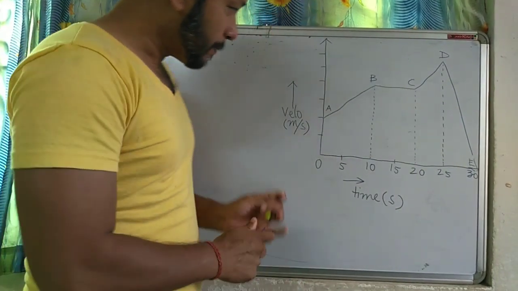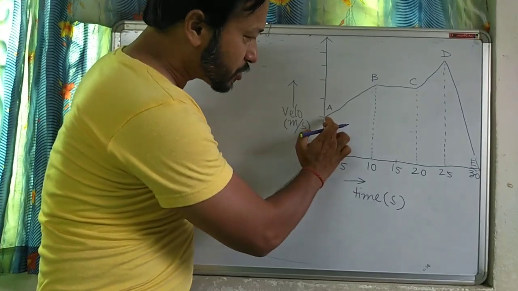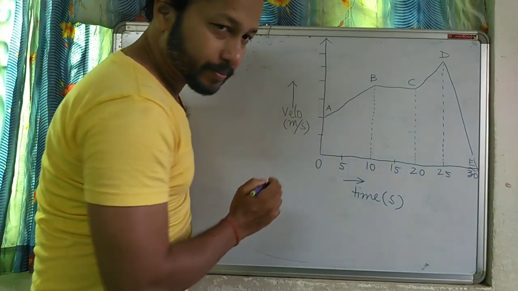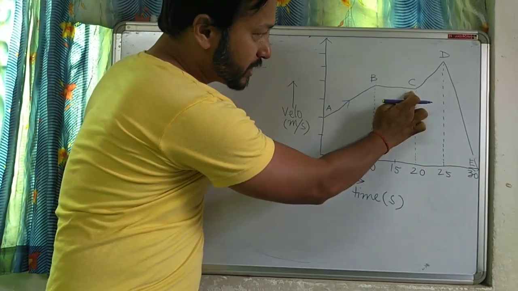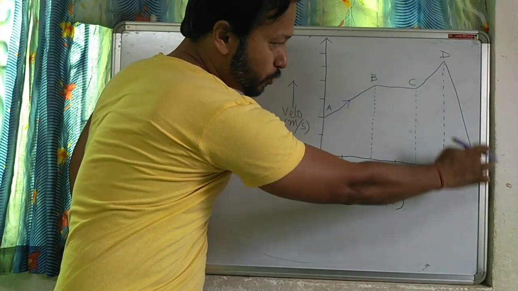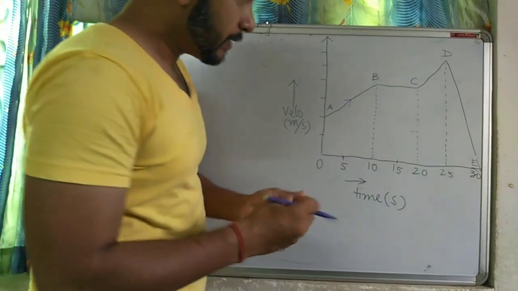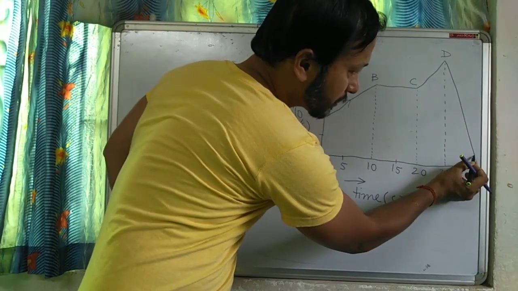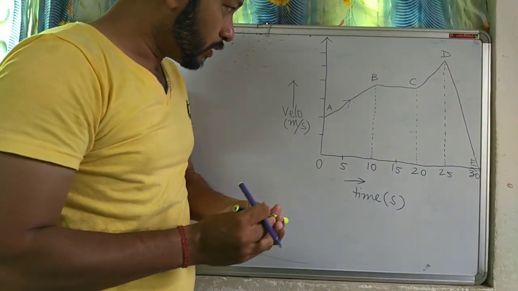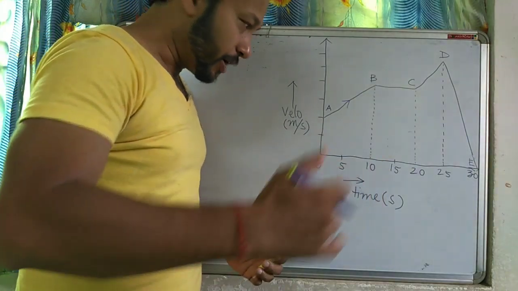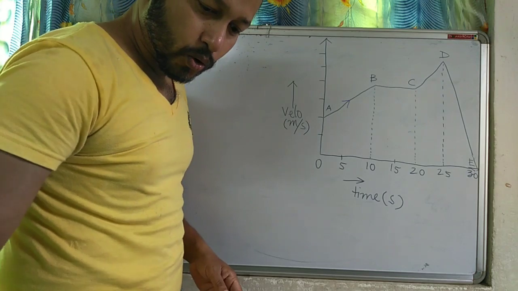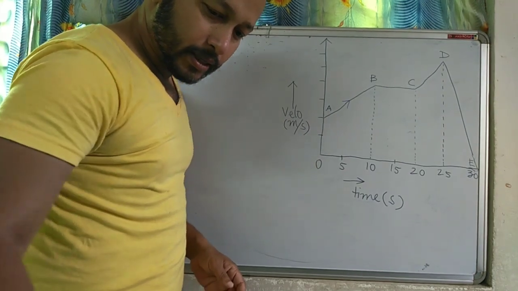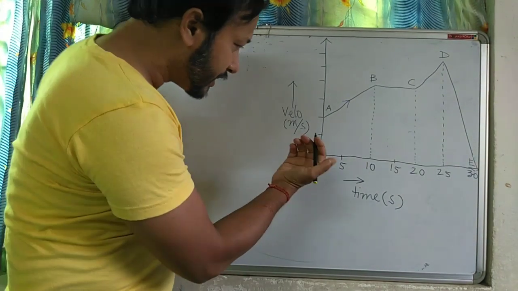If you can see, first the object is traveling from A to B, then B to C, then C to D, then D to E. Now, we'll go step by step. First of all, the graph is not completed here.